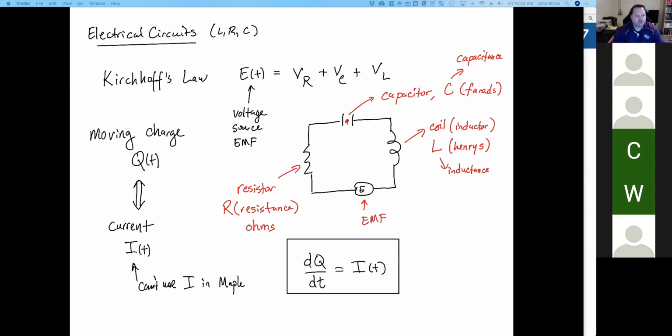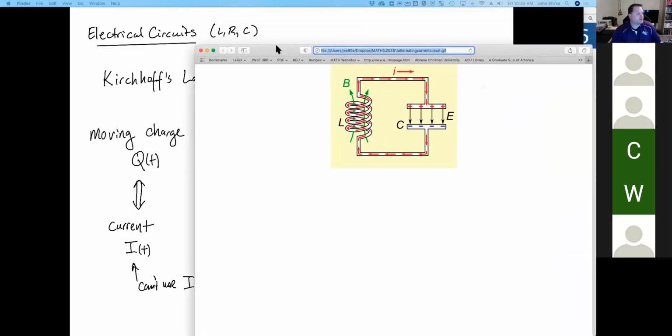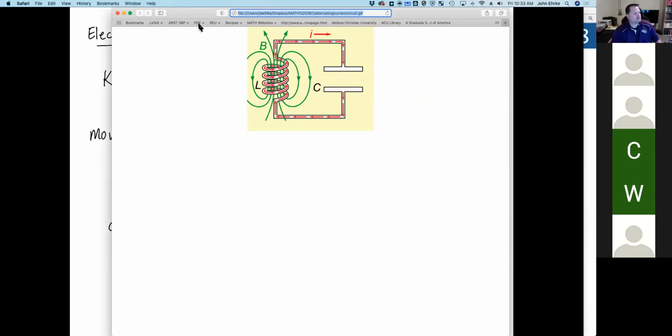Why didn't that open? There we go. So this is an image of an LC circuit.